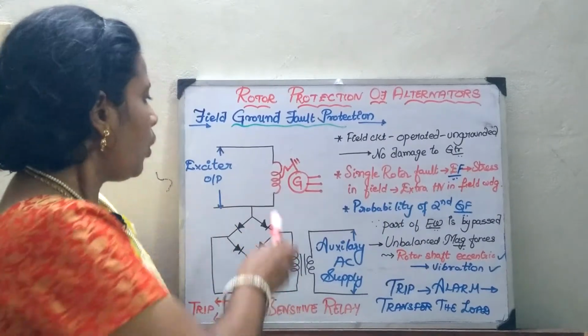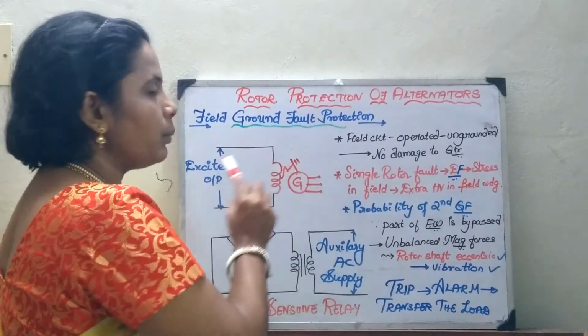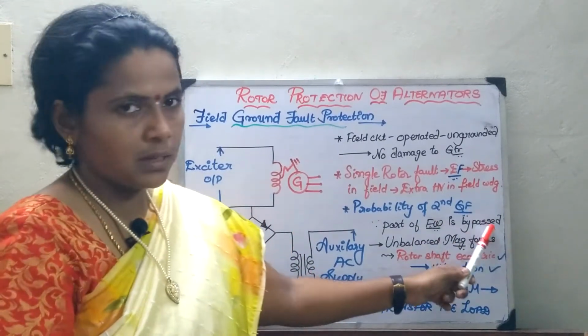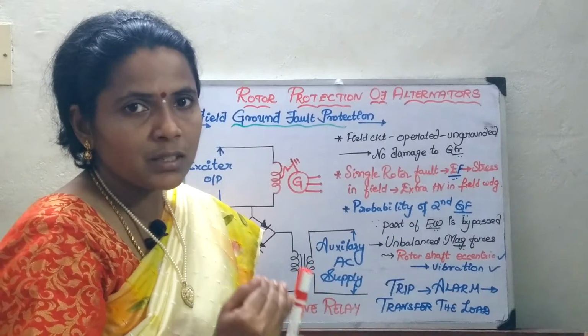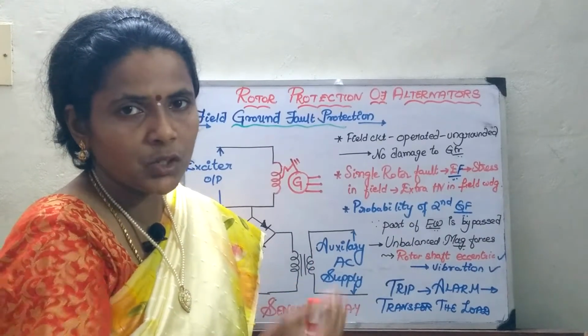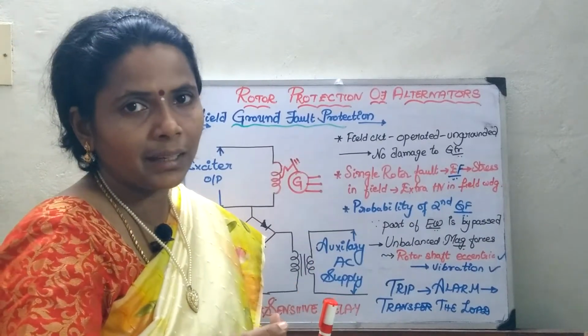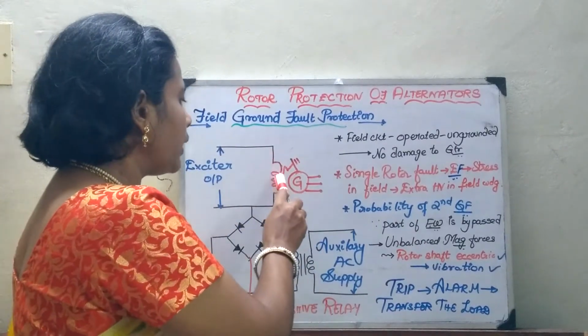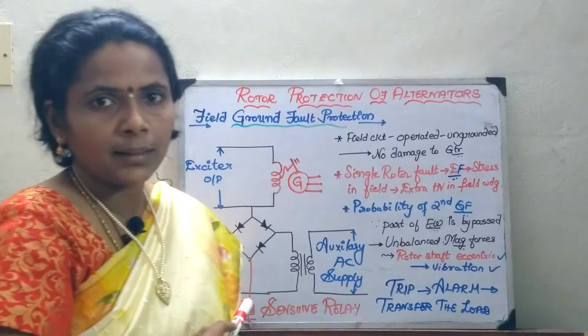Since only a part of the field winding is going to be affected, the part of the field winding is bypassed. When a part of the field winding is bypassed, what is going to happen? Instead of the current flowing through the entire winding, it is going to create a stress on the part of the winding which is under faulted condition.